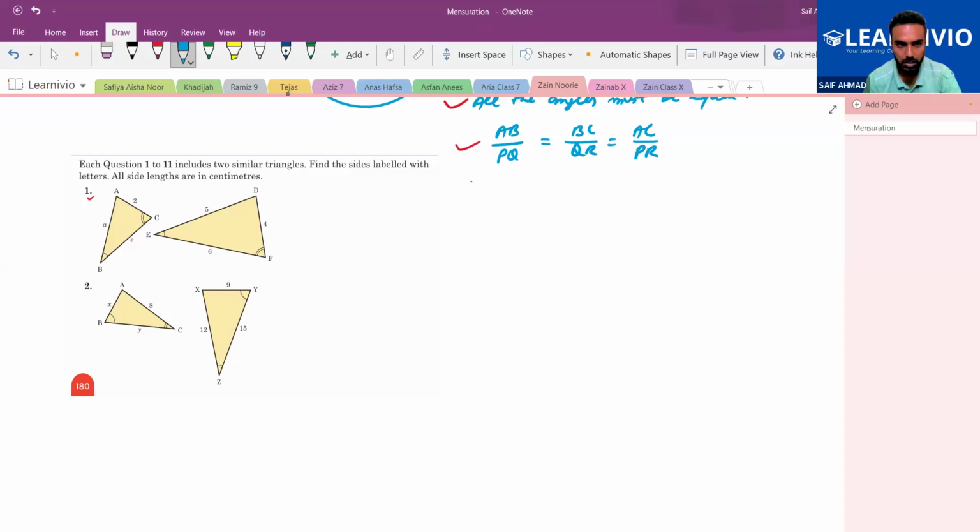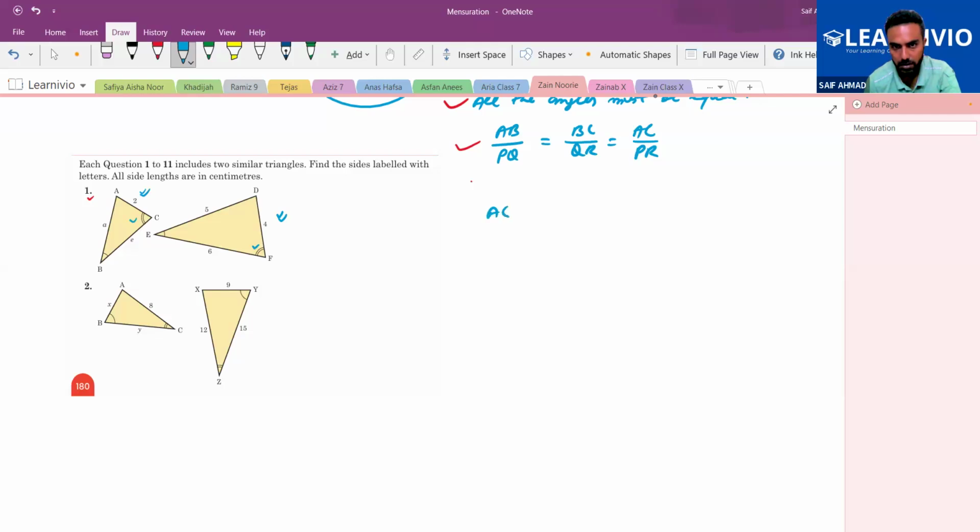Tell me, what is the proportional side to AC? This angle is given as equal to this angle, so C will be proportional to F. So this side is proportional to AC: AC and DF.